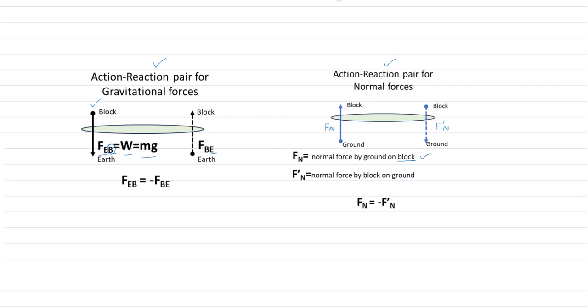So for the free body diagram of the block, I need to consider only Fn from the action-reaction pair for normal forces, and only FEB, the weight or mg of the block, to make the free body diagram complete. The other forces do exist, but they are not relevant as far as the free body diagram for the block is concerned. So remember this point before I go to the next slide.